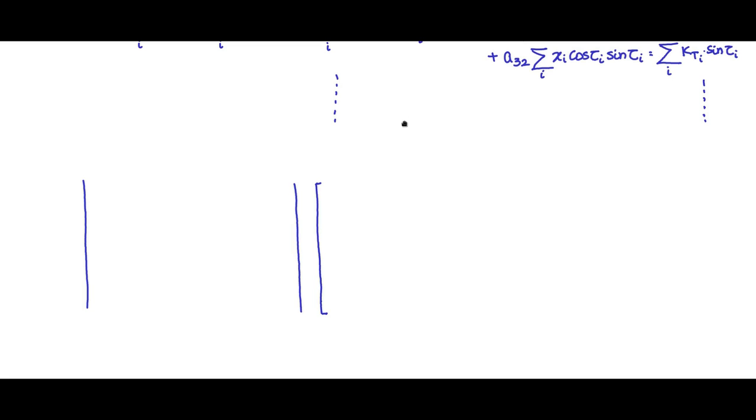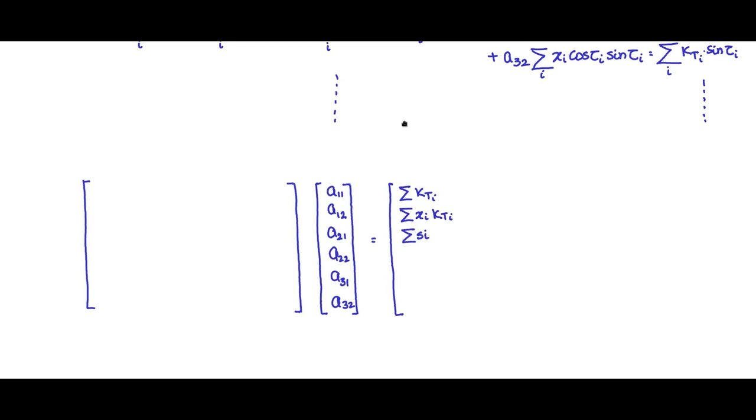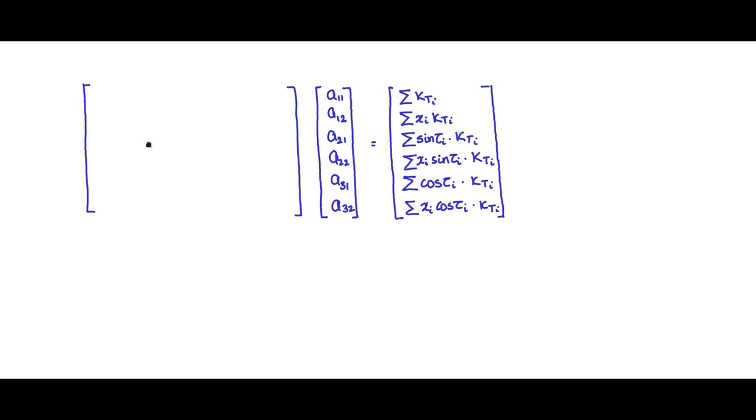So you have a matrix with the coefficient parameters a11, a12, a21, a22, a31, a32, 6 coefficient component parameters, and they're equal to sigma kti, sigma xi kti, sigma sine tau y kti, sigma xi sine tau y kti, sigma cos tau y kti, sigma xi cos tau y kti. So this is the matrix representation.